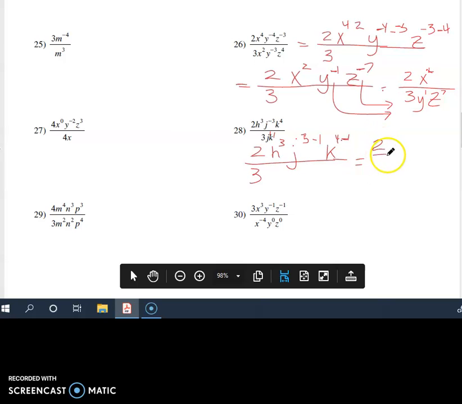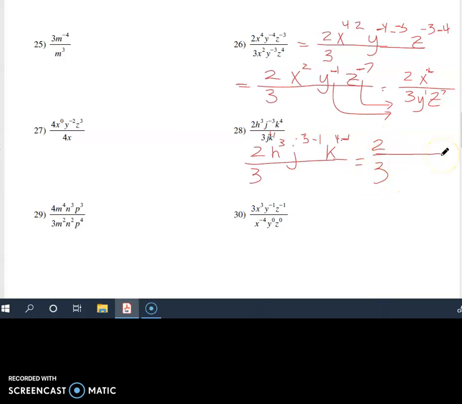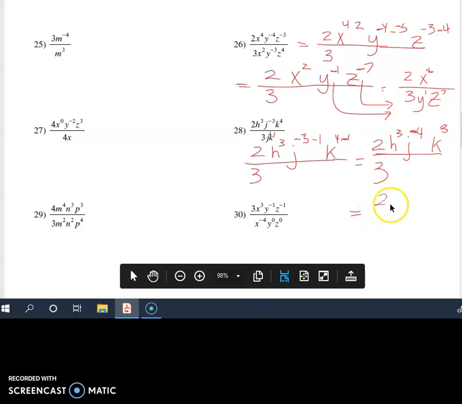So the numerator is 2, the denominator is 3, that doesn't change. H still is going to be cubed. The j, we're subtracting the negative 3 minus the 1, so that's a negative 4. And then the k is 4 minus 1, which is a 3. So for the final answer here, the 2 and the 3 again stay right where they're at.